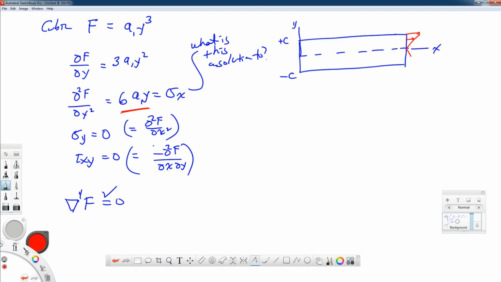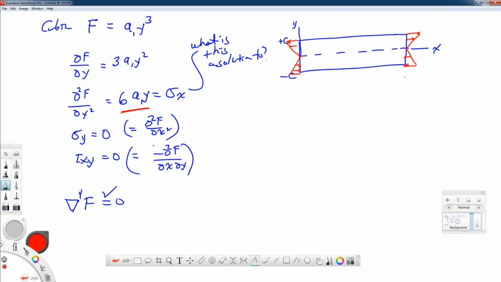As I go down in the negative direction, my stress, well, it increases in magnitude linearly, but the value goes down, becomes more negative. And this is the same everywhere in this particular region. I'm just going to draw it on the ends, but every cross section, every bit of this has the same stress field. It's tension on the top and compression on the bottom.